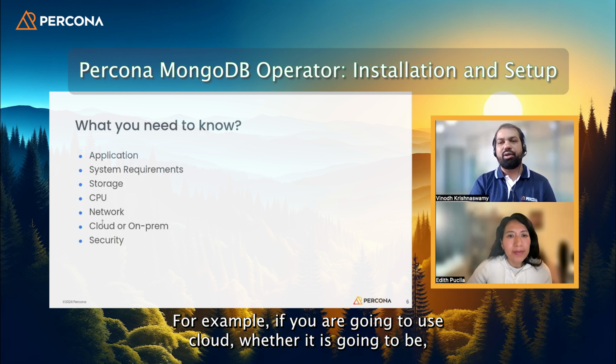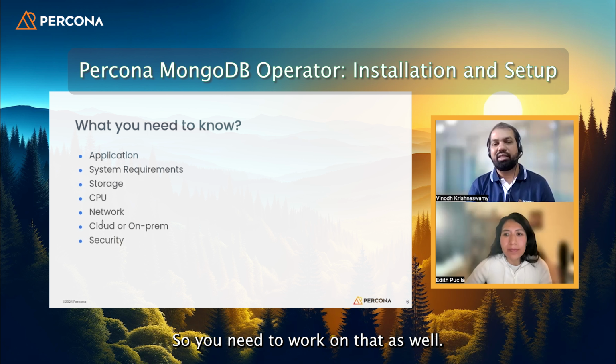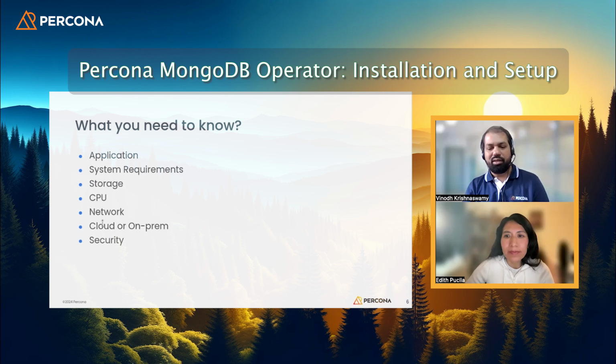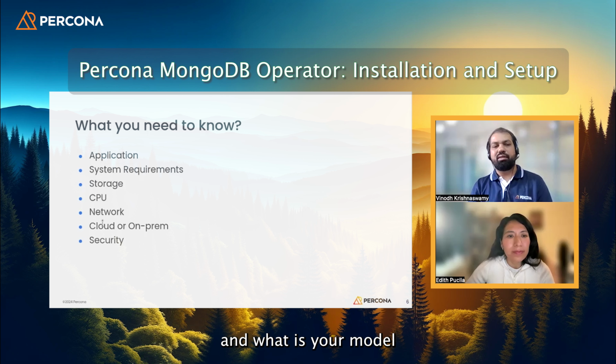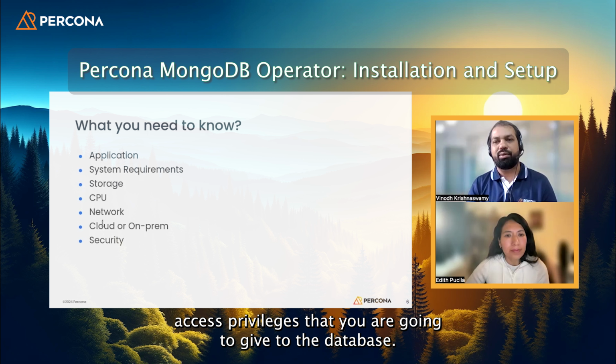For example, if you're going to use cloud, whether it is going to be GCP or AWS or Azure, you need to work on that as well. And the other thing is security, whether you are going to have your own TLS certificates, and what is your model to create users, and what are the roles and access privileges that you're going to give to the database.